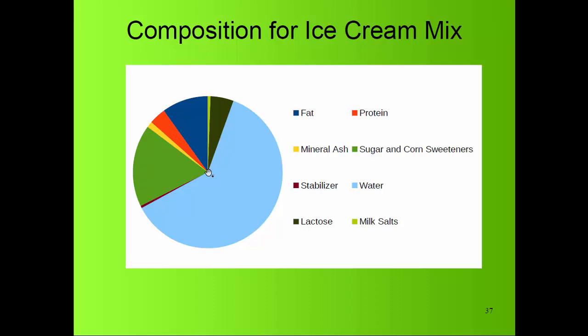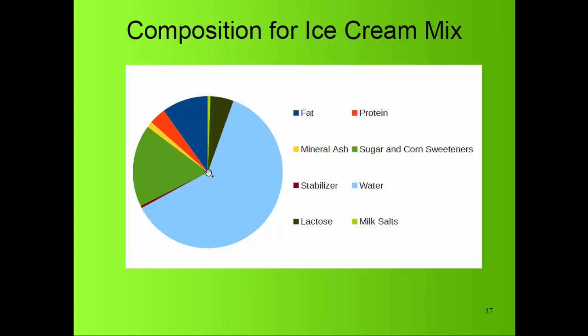A little bit closer look, we see there's fat and a little bit of protein, a tiny bit of minerals. There's sugar and corn sweeteners. There's a very tiny bit of stabilizers and a lot of water. This is the composition of the ice cream mix, right?